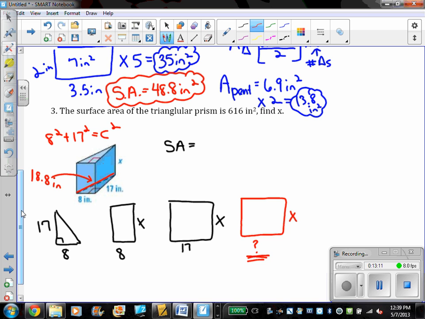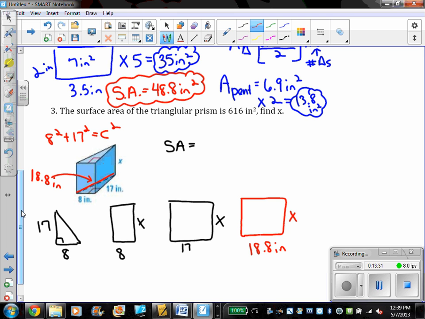I always have you guys check my quick calculations, so I'm going to do it again really quick to make sure I don't mess up. Okay, so we now know that this right here isn't a question mark. It's 18.8 inches.